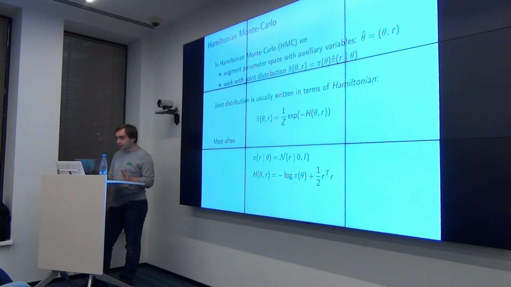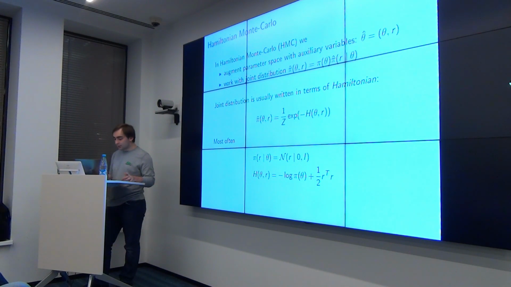The joint distribution is usually written in terms of the Hamiltonian, and maybe you know from physics that the Hamiltonian is sort of the energy of the mechanical system. Most often we also have a joint distribution on theta and R, and we can see that there is a conditional distribution of R given theta.